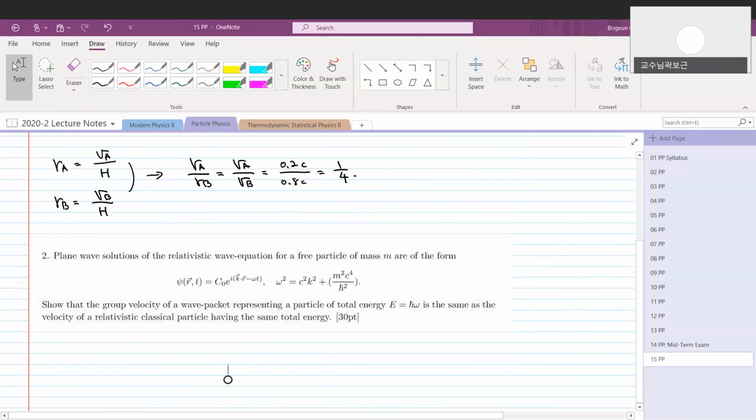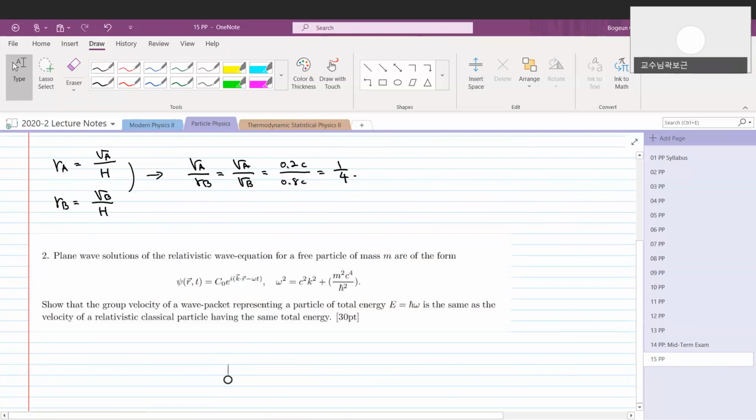So, this is a very familiar problem to you. Plane wave solutions of the relativistic wave equation for a free particle of mass m are of the form psi equals c0 exponential i(kr minus omega t), and omega squared equals c squared k squared plus m squared c to the fourth over h bar squared.